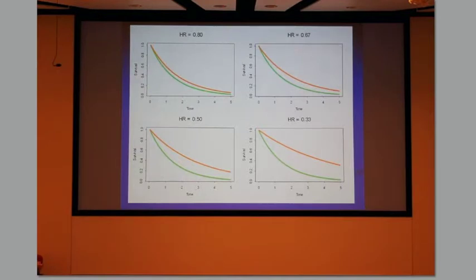A hazard ratio of 2/3 is a little more dramatic. A hazard ratio of 1/2, again, is a doubling or a halving of the hazard rate. And cutting it in thirds, you still see this sort of relation. So you see, it takes a bit of getting used to what the relationship between the hazard ratio and the separation of the survival curves is.